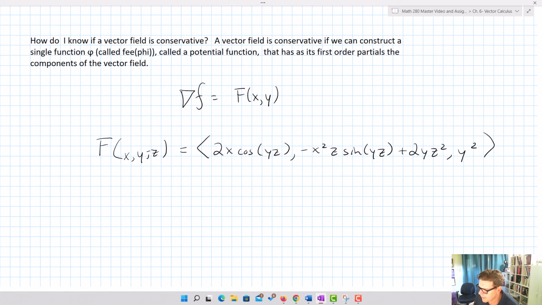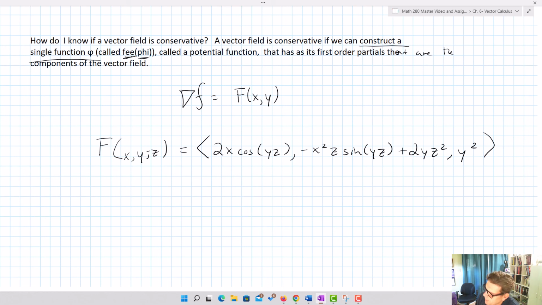And I want to know if we have a potential function phi that is in fact going to be the required f. So we want to be able to construct a single function, called phi, the potential function, that has first order partials that are the components of the vector field, okay?